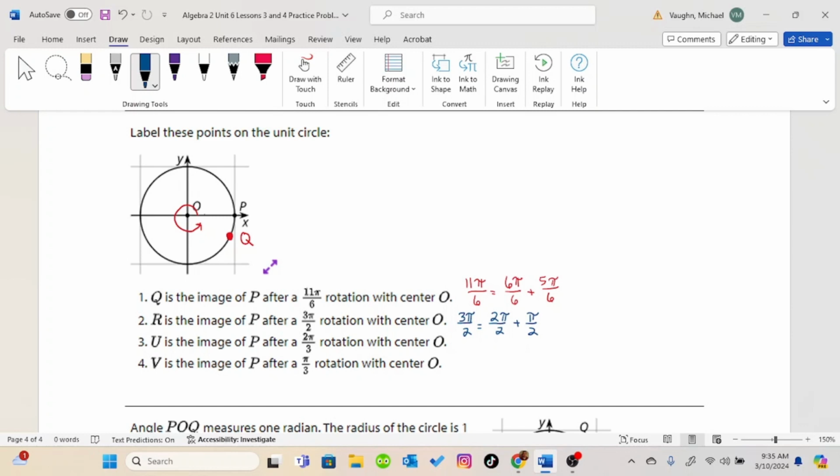So if we started, we rotate a full pi, but then we rotate another half a pi, and we're down here at the bottom for point R.